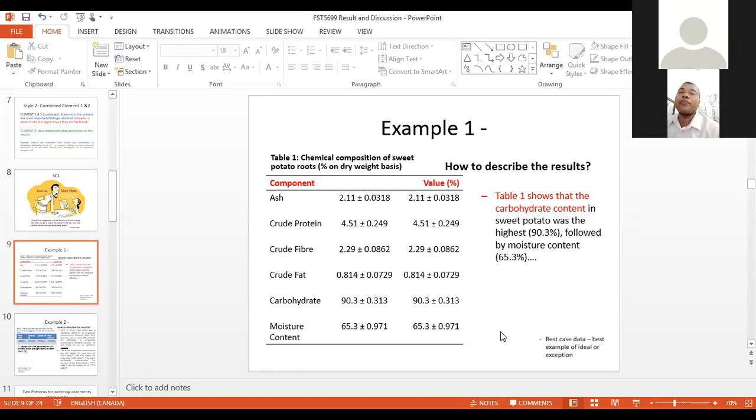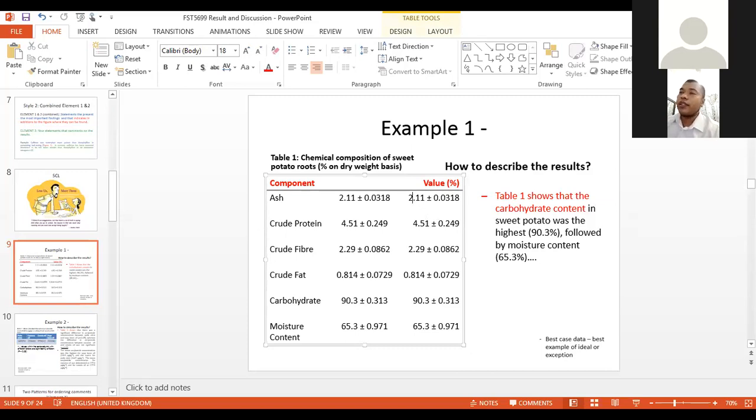So that will determine how many decimal points. If my instrument cannot give me this reading for the ash content, for example 2.11%, so I cannot use this one, right? If I can only measure the value 2, then I have to write 2.0. That's it.